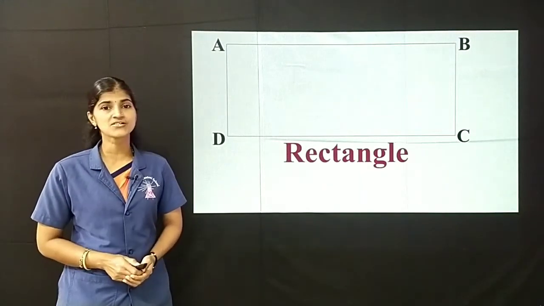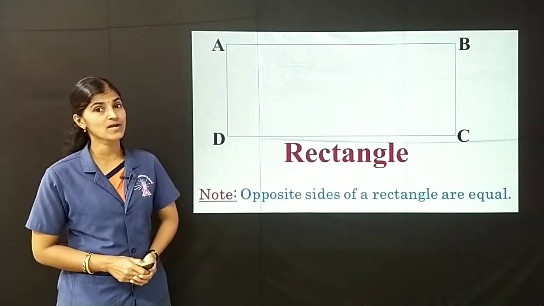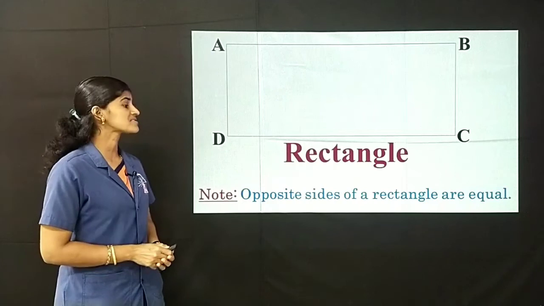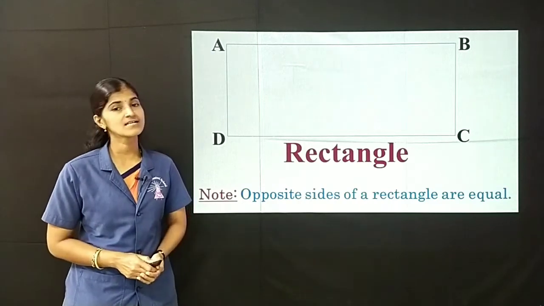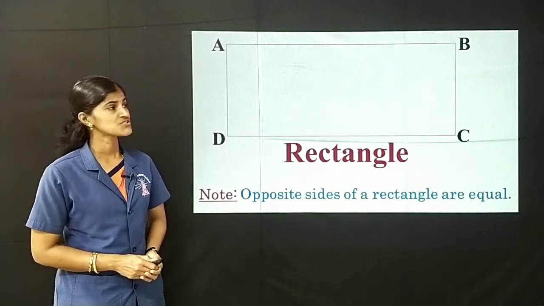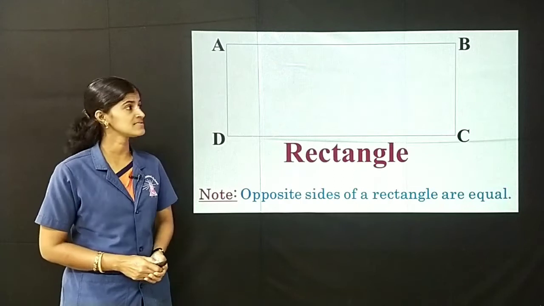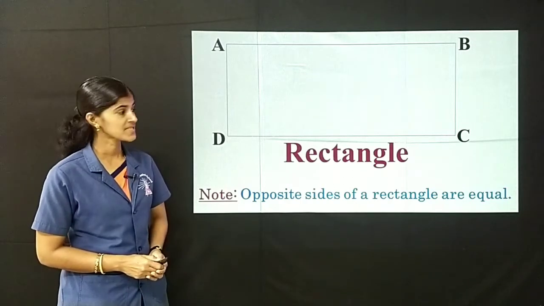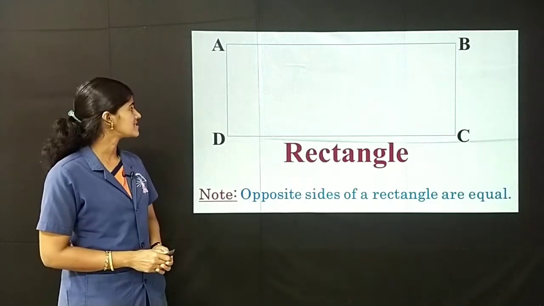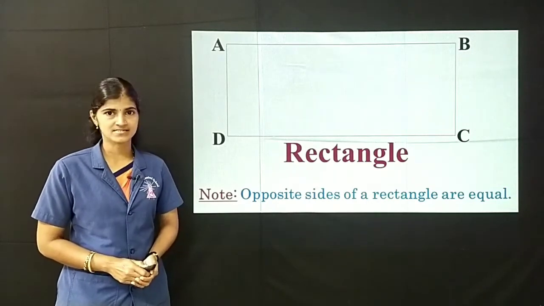What is the speciality of this quadrilateral? The speciality is that the opposite sides of a rectangle are equal. What are the opposite sides? AB is one side of the rectangle, BC is the next, CD is the next, and DA is the next. That means there are 4 sides in a rectangle.